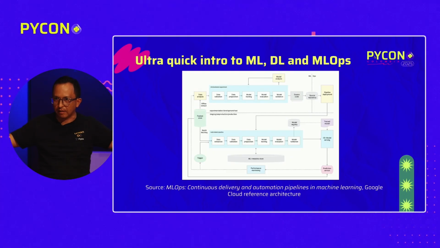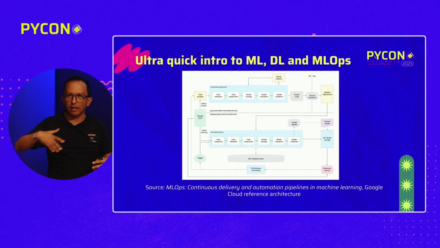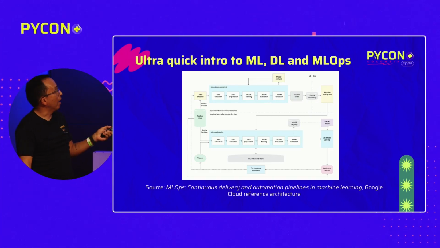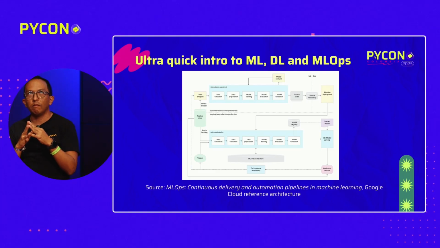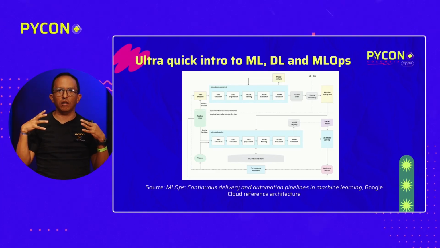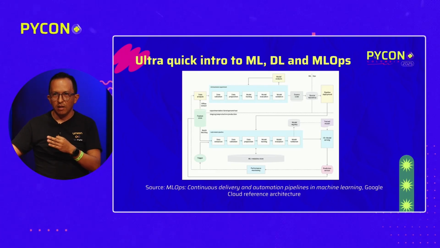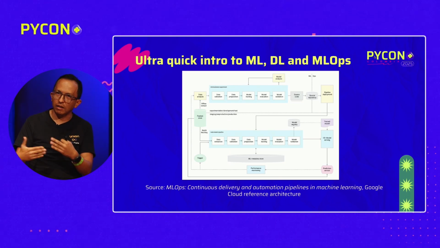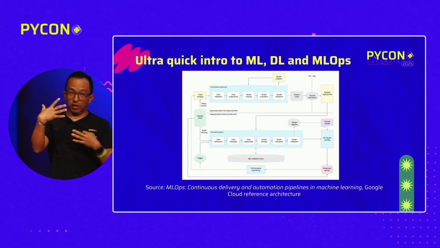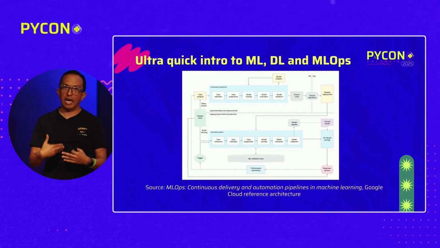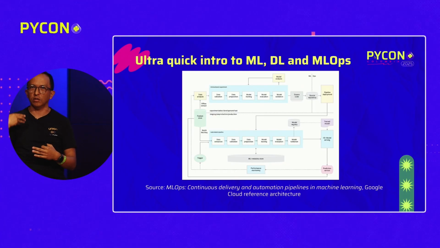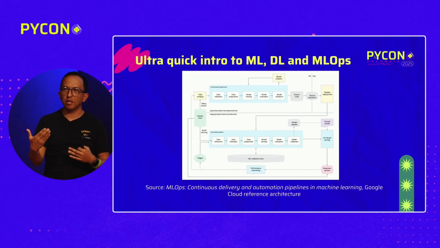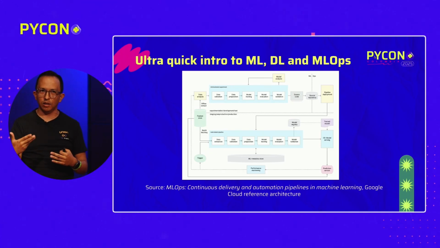There are many benefits that probably you all know about releasing frequently. In an ML pipeline, the main goal is to achieve continuous training. How frequently can we train the model? Because the data keeps changing. And as I mentioned, if you don't train your model continuously, the predictions will become less and less useful.